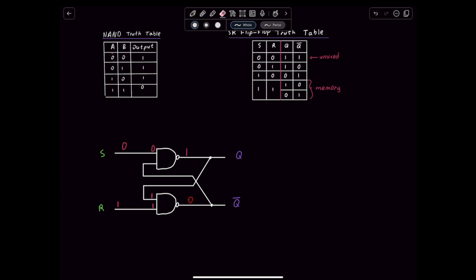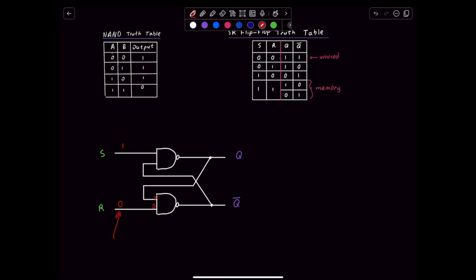Alright, let's think about the other way around. Let's say S is 1 and R is 0. So what do we know about the 0? This 0 is very important, right? Because that tells us this gate is getting 0, and it really doesn't matter what this other input is.